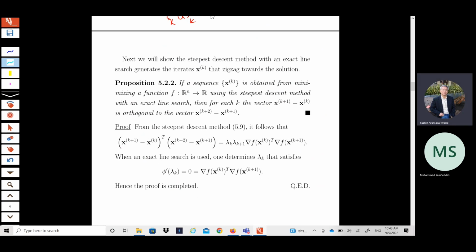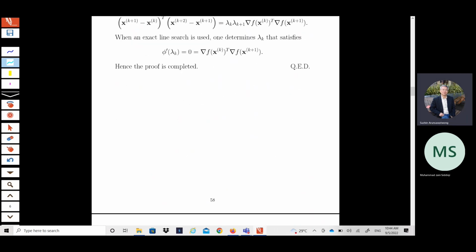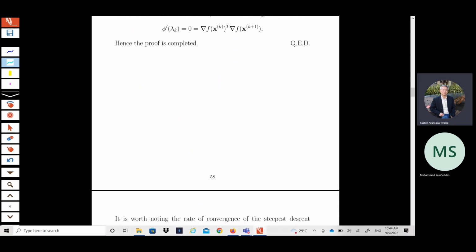I think here we find that the steepest descent with exact line search generates iterates xk that zigzag towards the solution. So how can we see this?